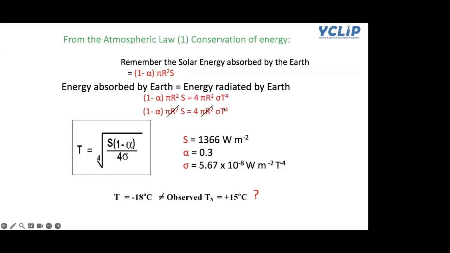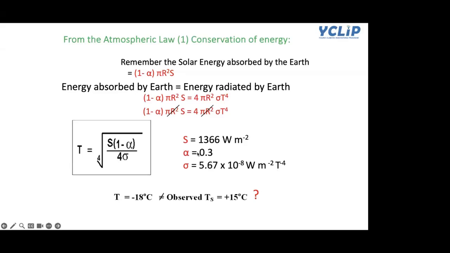So we put the temperature as the subject of the equation. We get not the square root, but the fourth root of the intensity of the sun S, so this is the radiation from the sun absorbed by the earth, and 1 minus alpha all divided by 4 sigma. So we just change subject here to get this equation.